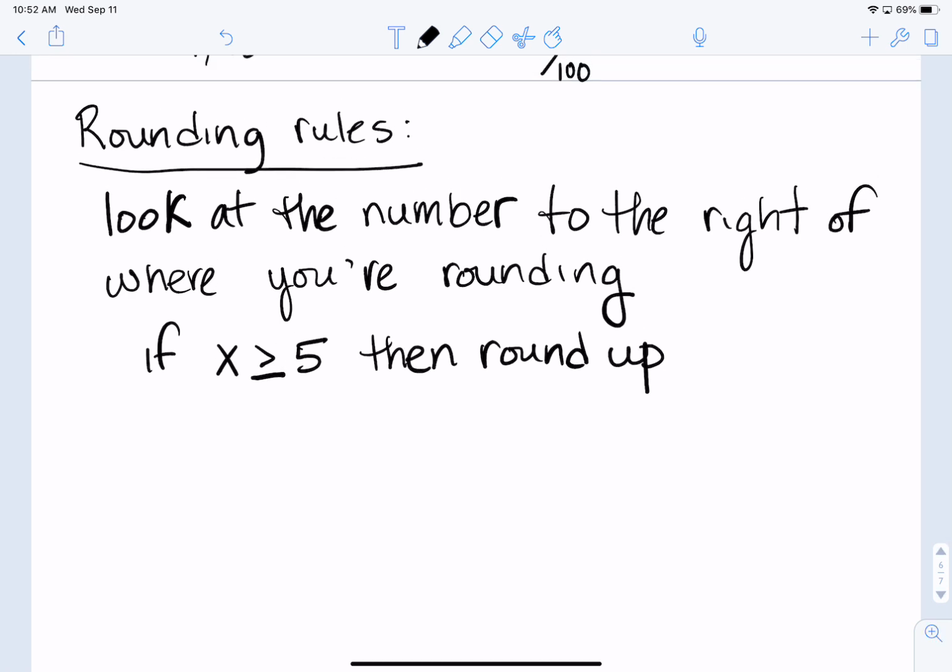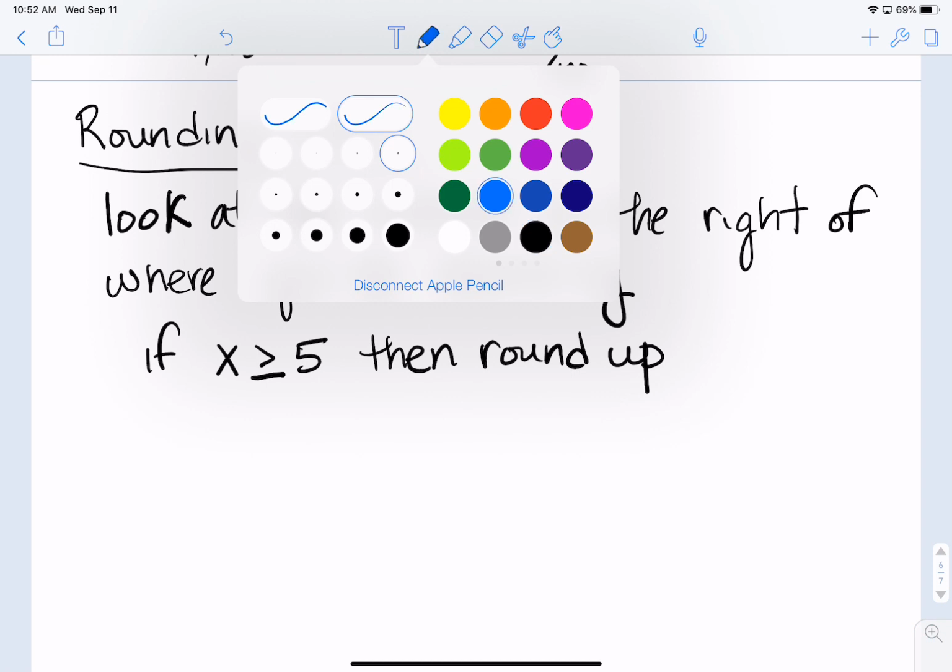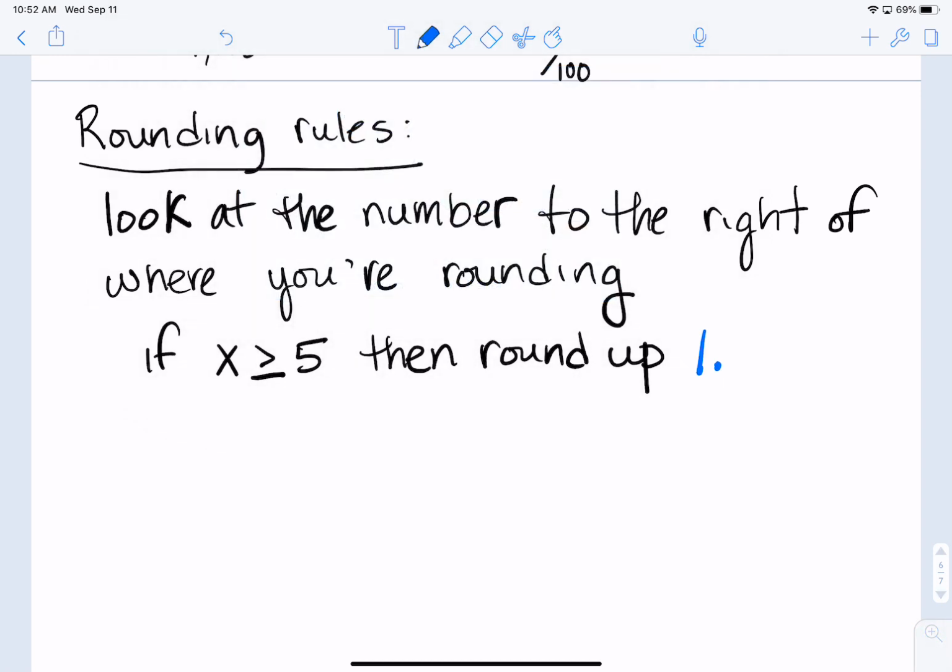So, for example, if you had 1.56 and you needed to round this to two significant figures, or you were trying to round to that place, you would look at this 6. You would look at this 6 right here, and because it's greater than 5, you would say, okay, I need to round up.